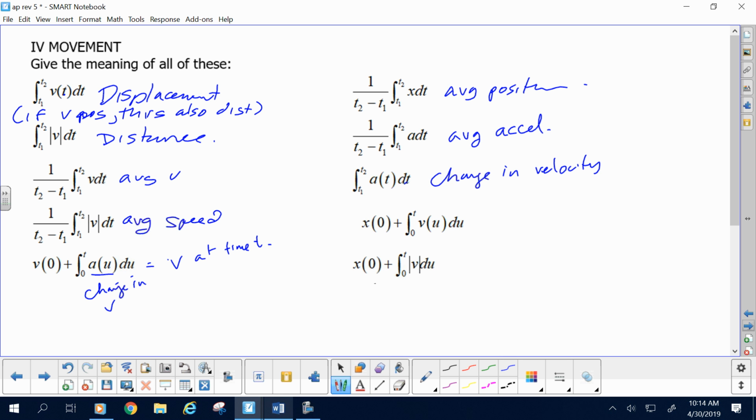Okay? How about this? Starting position plus change in position is position at time t. And this one is often served up as a multiple choice answer: starting position plus distance, which gives you nothing.